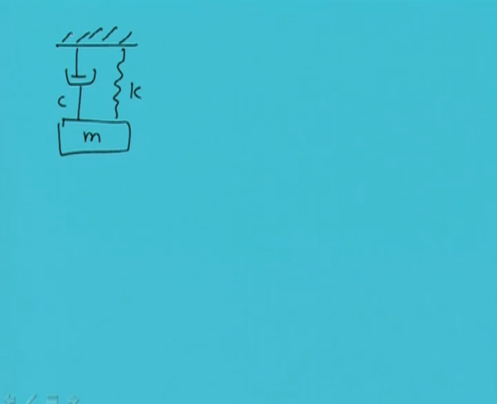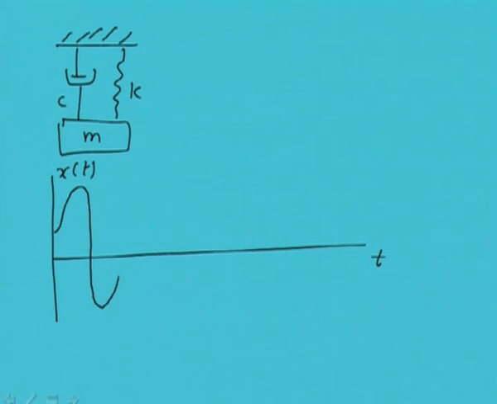So we have one spring mass system, and we have disturbed this system with some initial condition, and we got a response because of that initial condition, something like this.